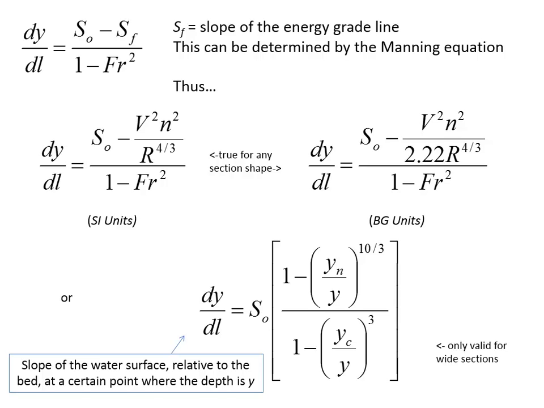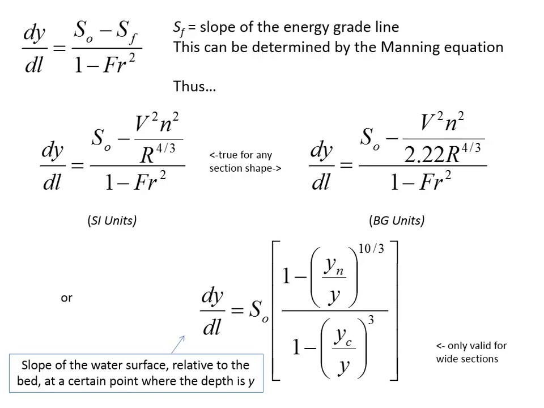What we're going to look at next is how to classify water surface profiles by the relationship between these 3 depths. In our example we just worked, we had Y was greater than Y naught, and Y naught was greater than Y c.